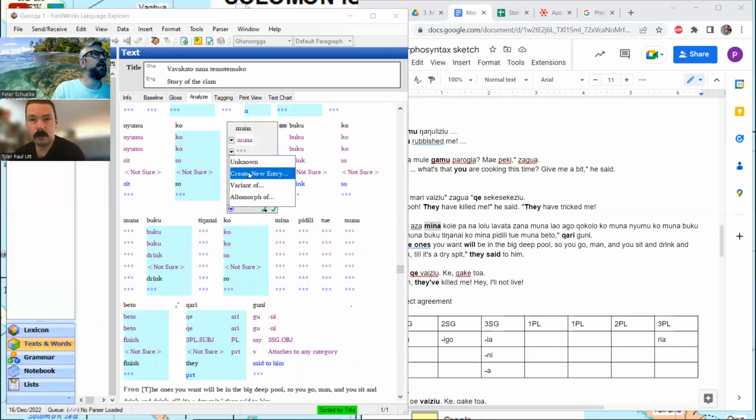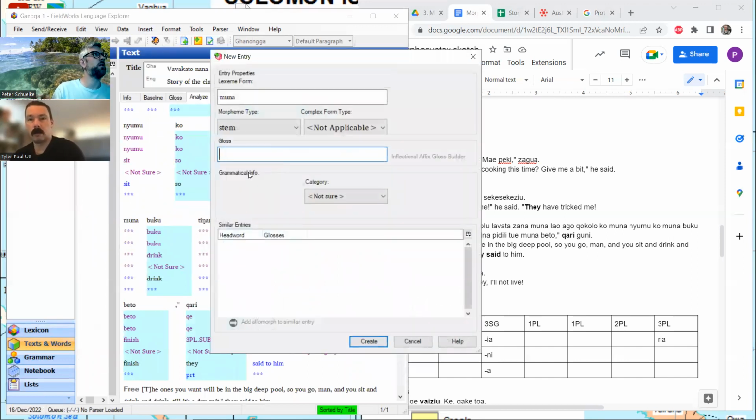Muna. I'm not going to deconstruct the na anymore. I'm just going to leave it because I don't know. And I'm going to call this two singular future. But I might also put dot subject because I know that this is reserved for subjects. So this is combining person marking, grammatical relations, and aspect or tense.